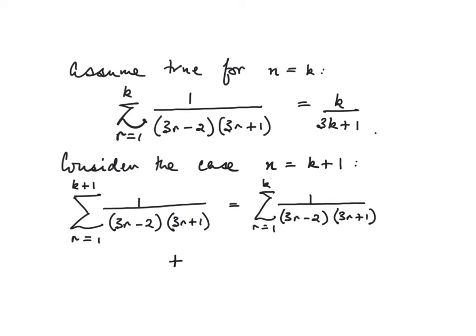So when r equals k plus 1, what we're going to do is to replace r with k plus 1 in both of these brackets. So I get the fraction 1 over 3k plus 1 minus 2, 3k plus 1 plus 1.